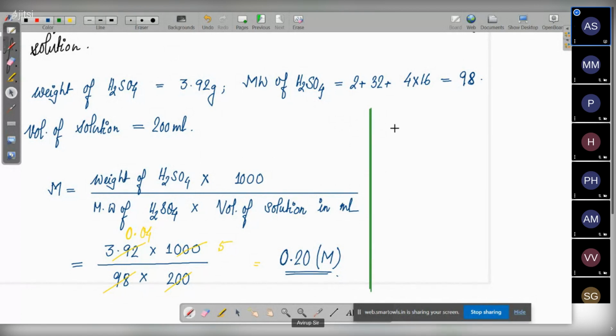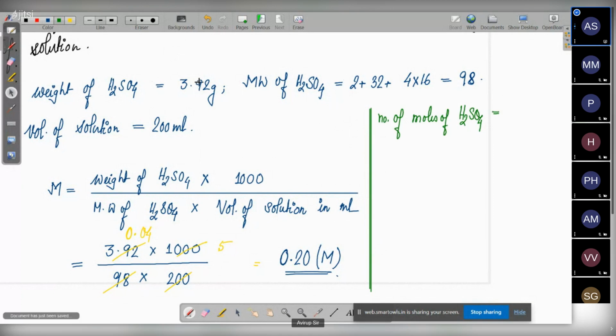Suppose in this alternate way, you first calculate the number of moles of H2SO4. What is the number of moles of H2SO4 over here?